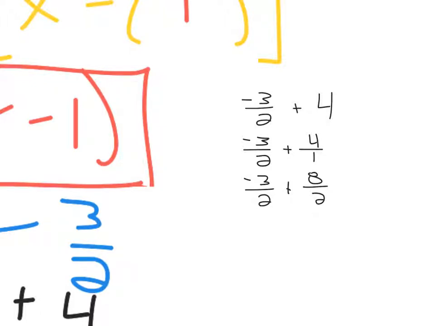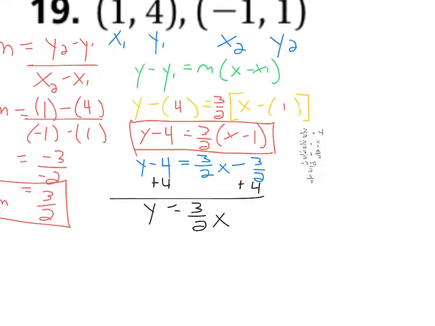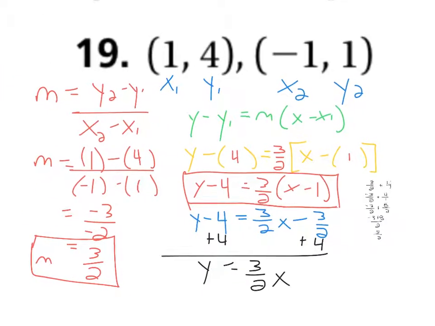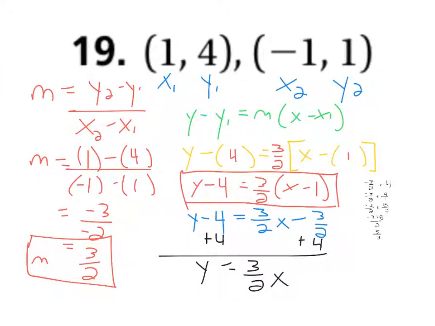Now they both have 2 on the bottom, so we can just do negative 3 plus 8 on the top. Negative 3 plus 8 is 5 over 2. So we get 5 halves. Pretty cool tool, right? I'm really enjoying that particular feature, and I'm going to use it more. So negative 3 halves plus 4 is positive 5 halves. And that's what we get in slope-intercept form. So point-slope form in red, slope-intercept form in blue.